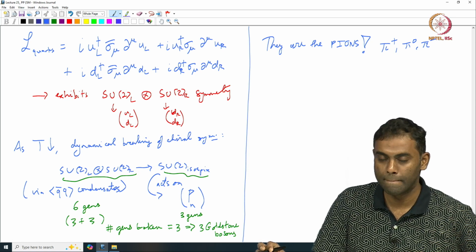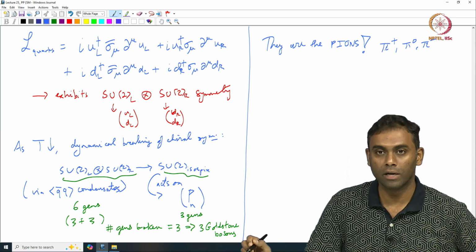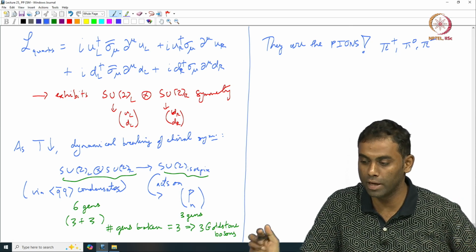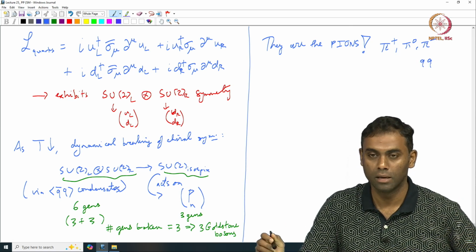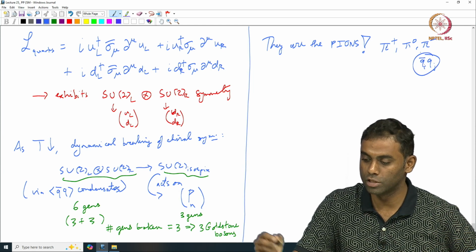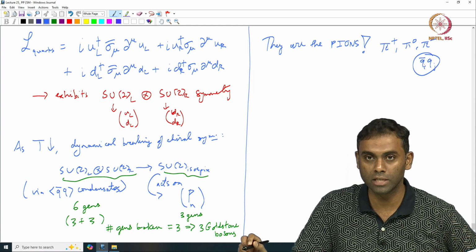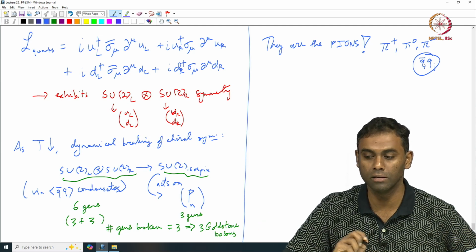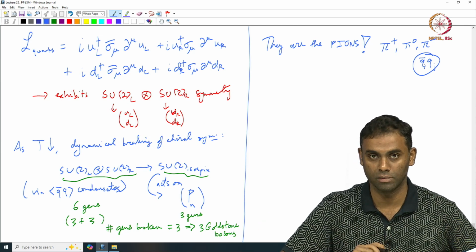Okay. This is how we understand the formation of mesons. It is not just a quark anti-quark pair, q_i q_j in some bound state. It is not just that they form bound states, they arise exactly like this, they arise as Goldstone bosons. Okay. That is why pions are very, very special.